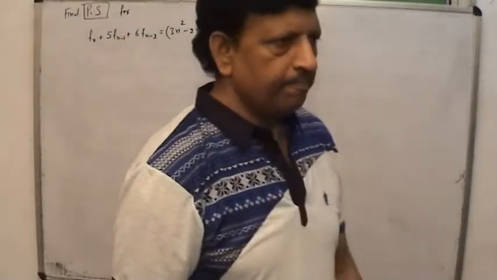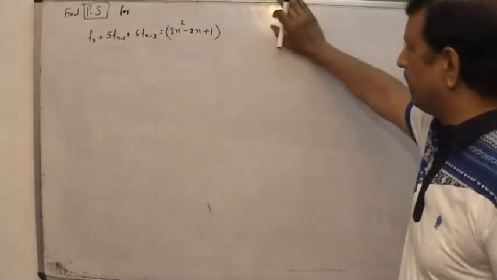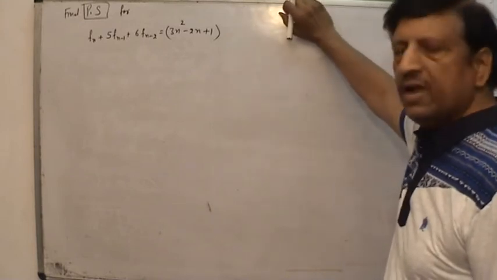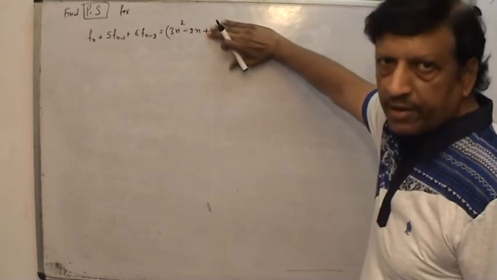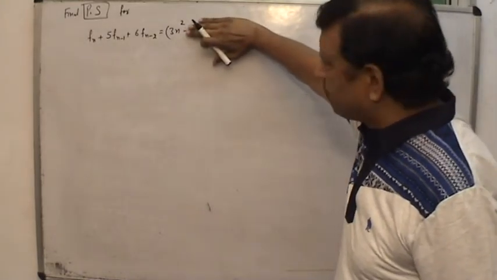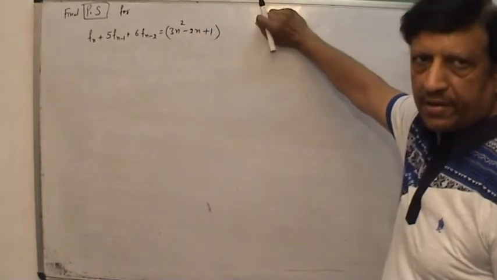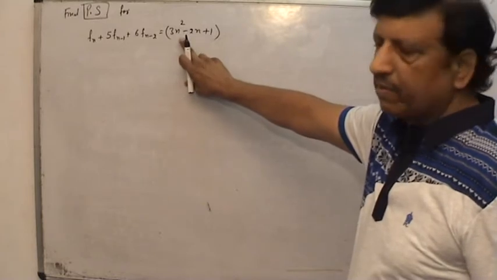Again we see on the left hand side it is the homogeneous part, and on the right hand side it is a quadratic. Remember, we are concerned only with the power of n.